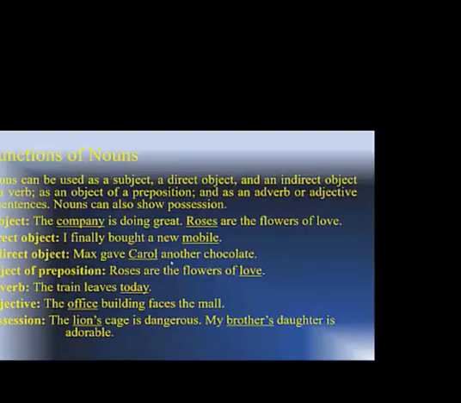Here, Max gave Carol another chocolate, so the speaker wants to focus on Carol being given the chocolate. Maybe another speaker would concentrate on the chocolate being given to Carol. So here, Carol is the indirect object, the chocolate is the other object.